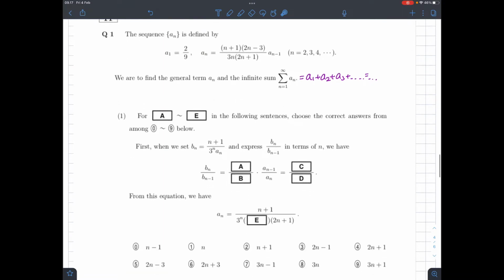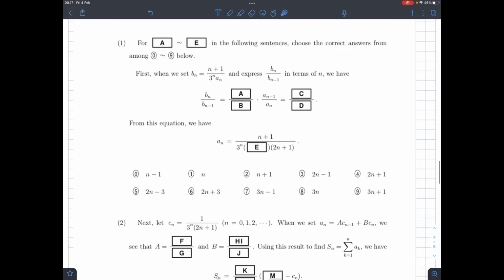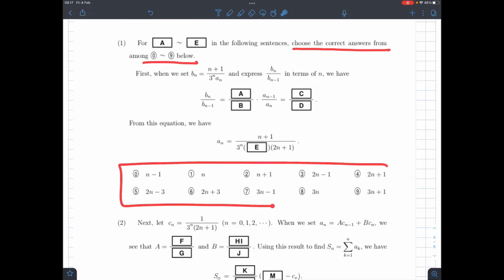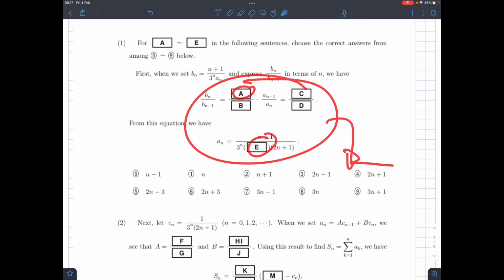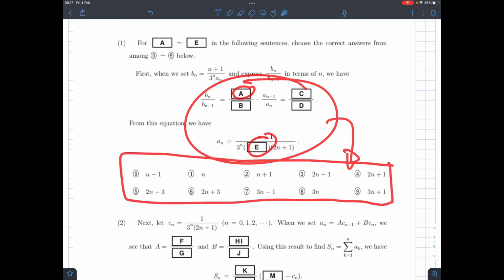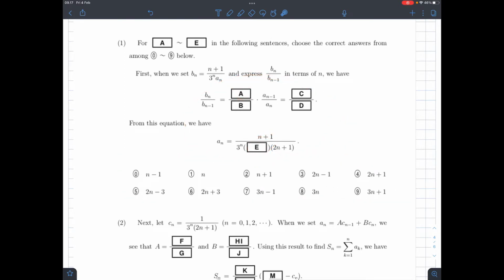Okay, let's continue exploring the problem. As usual, for parts A to E, you can choose the correct answer from the options. They give you 10 options here, and you answer A to E by finding your answer here, choosing one out of the 10 options.